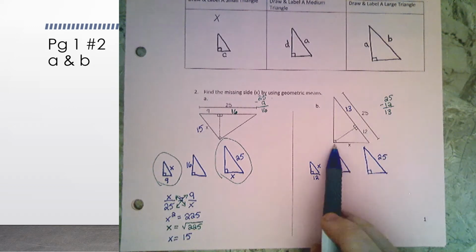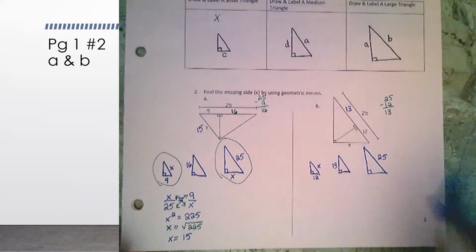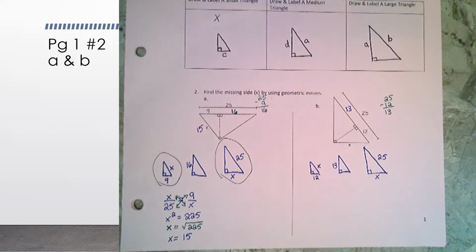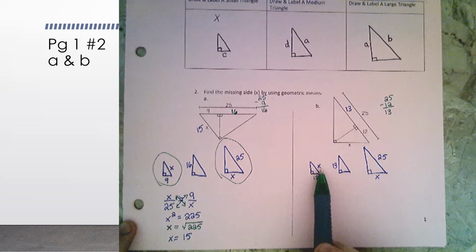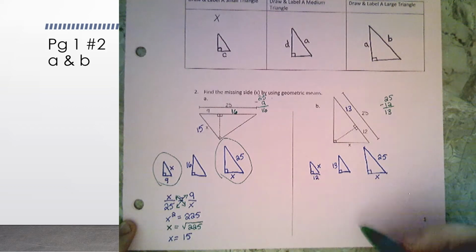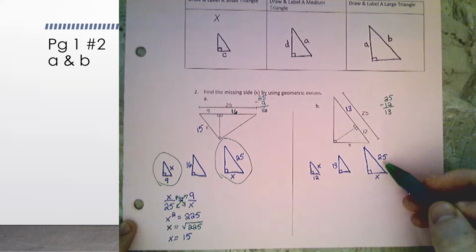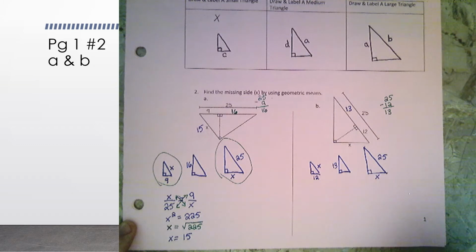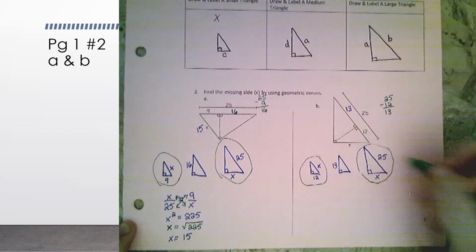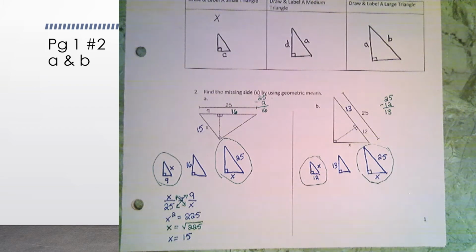And then x is the short leg, so I would just put it right here. So I got to figure out which ones can go with each. So with the small triangle, I have the hypotenuse and the small leg. Well, with the large triangle, I also have something for both of those. So these are the two I'm going to use to set up my proportion.